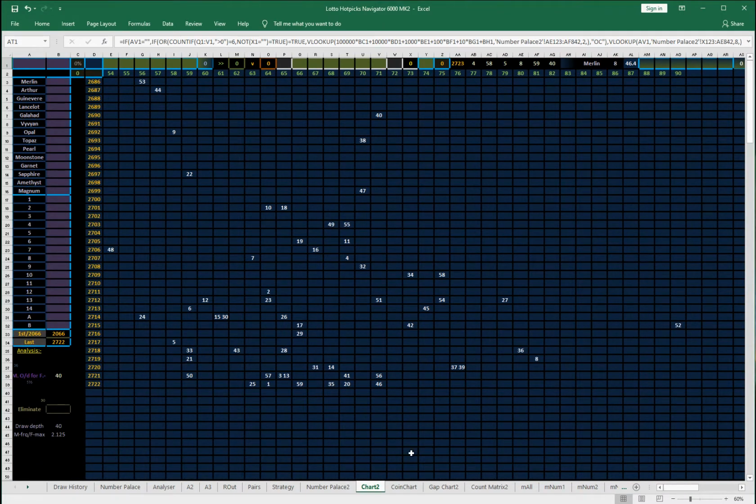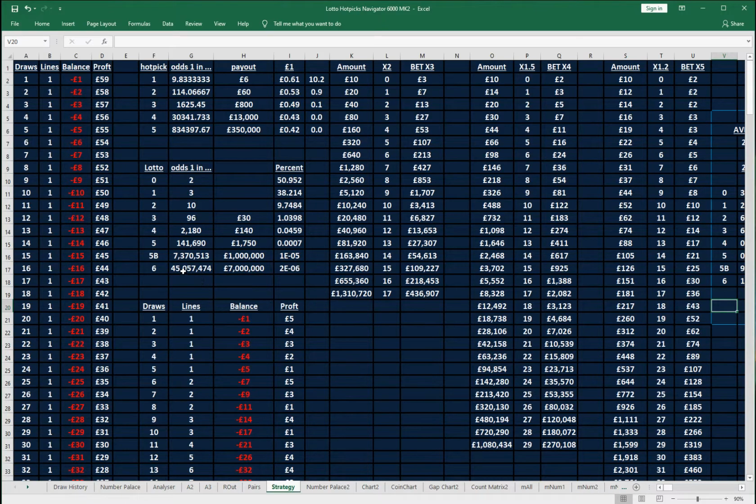That means if we start with 45 million possible combinations, divide that by 720, what?